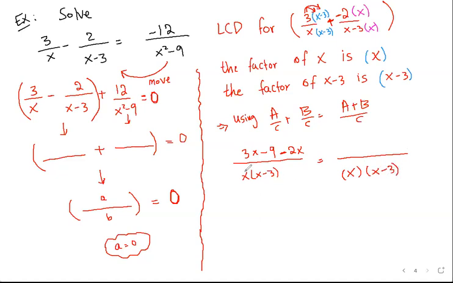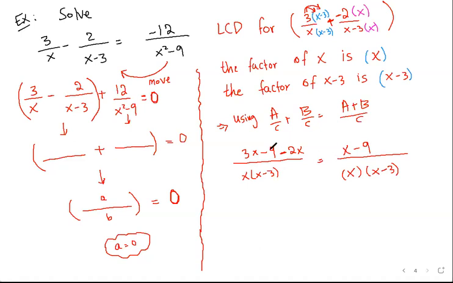I don't have to distribute the x inside. Here what I have to get, 3x minus 2x is x, minus 9. So look, this parentheses is equal to x minus 9 over x times x minus 3.